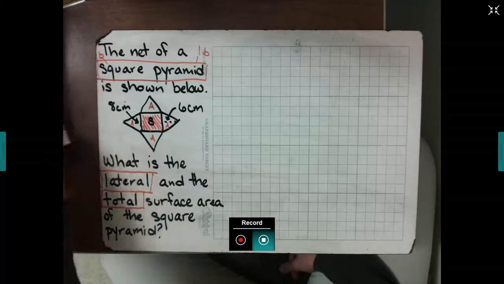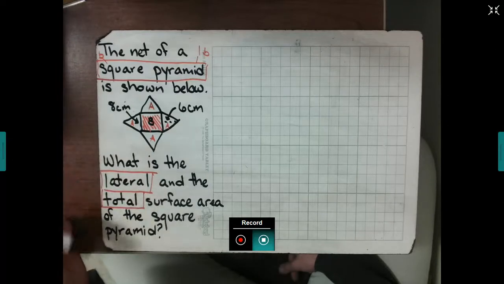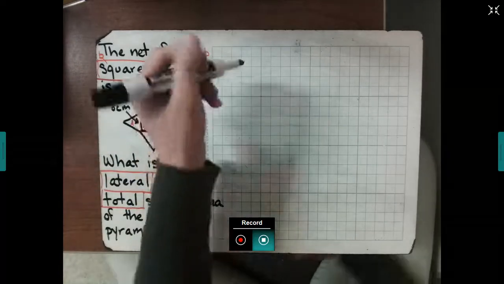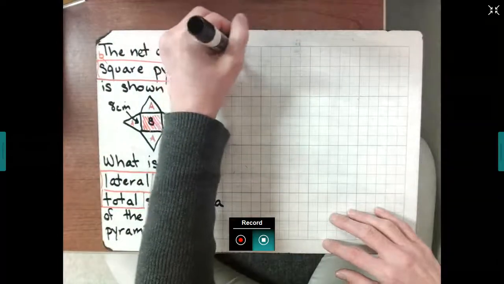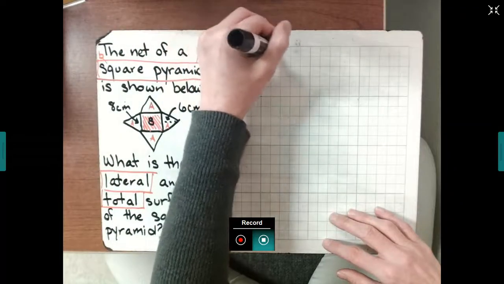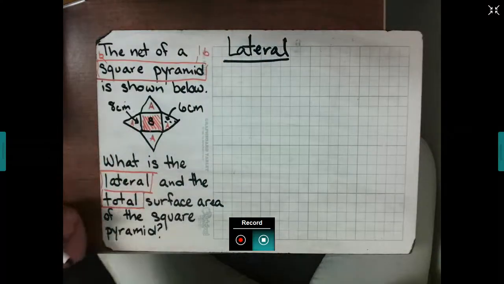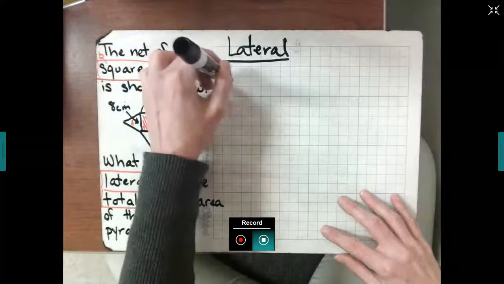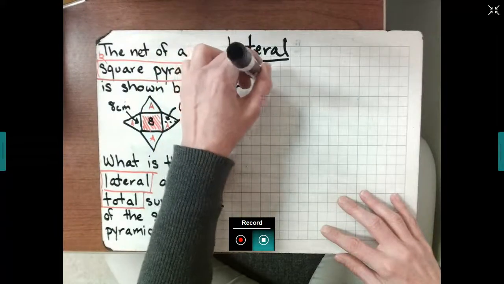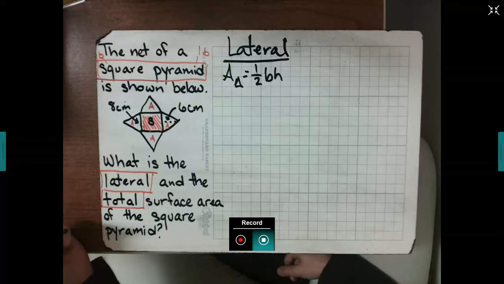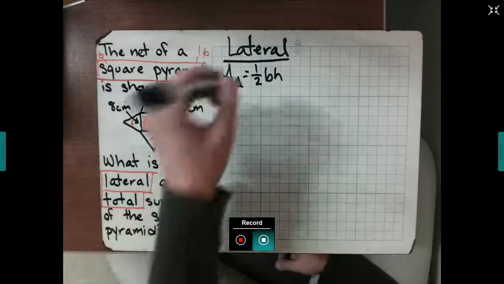Now that I've labeled my figures, I'm going to first solve for the lateral surface area. So I'm just going to write the word lateral up here. And I know that these are triangles, and the formula to find the area of a triangle is 1/2 base times height. If you don't remember that formula, it is on your star chart, which can be found in Schoology or even Google.